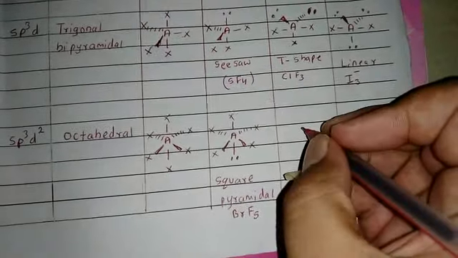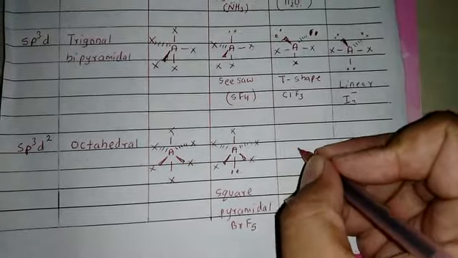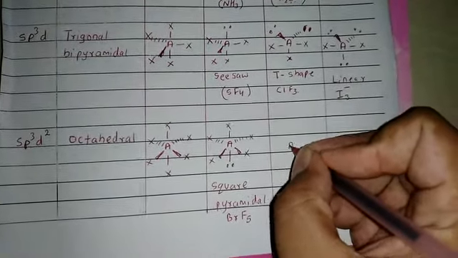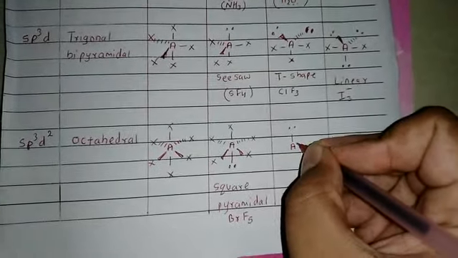Next, if the molecule with sp3d2 hybridization consists of 2 lone pairs of electrons, the structure appears in this pattern.